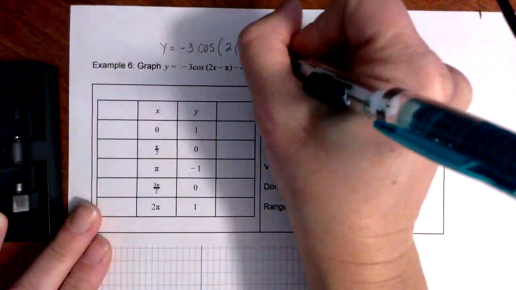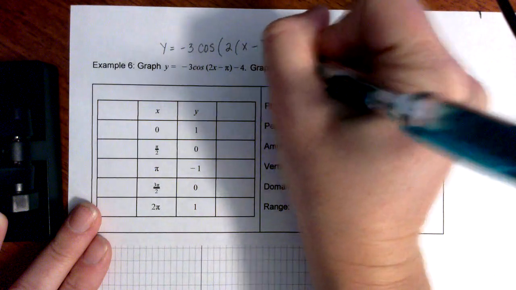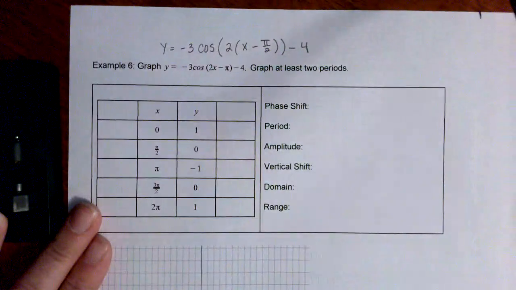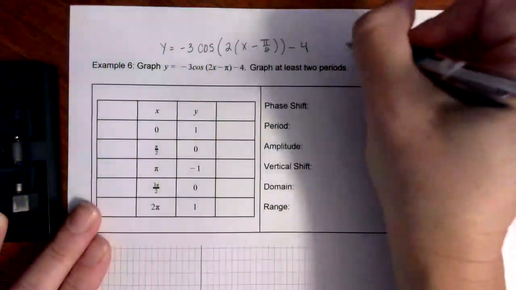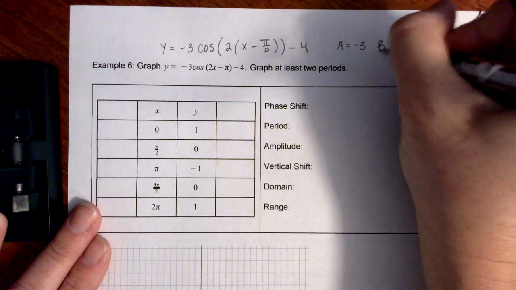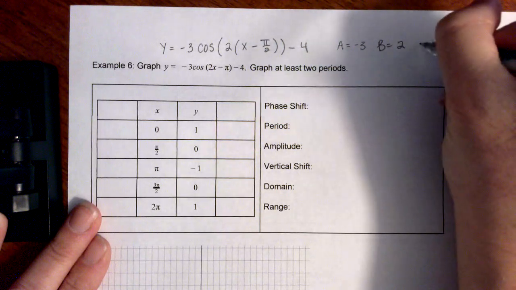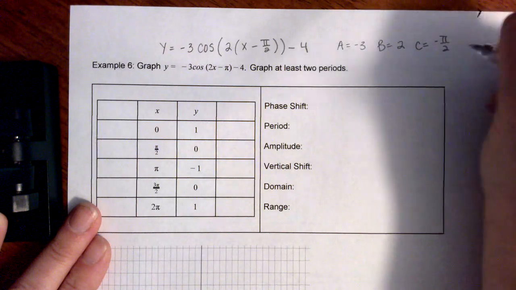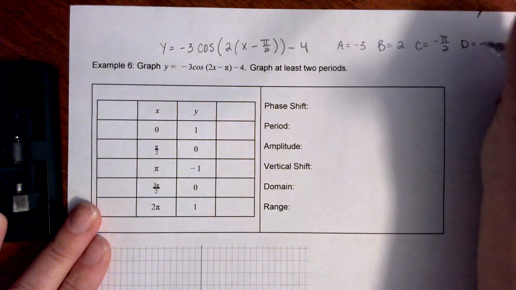So this becomes minus pi over 2. And then the minus 4 can stay. So thinking about our transformations, our a is -3, our b is 2, our c is negative pi over 2, and our d is -4.